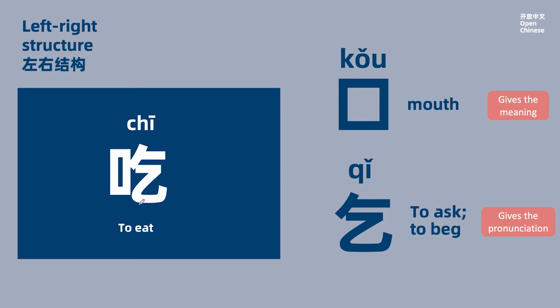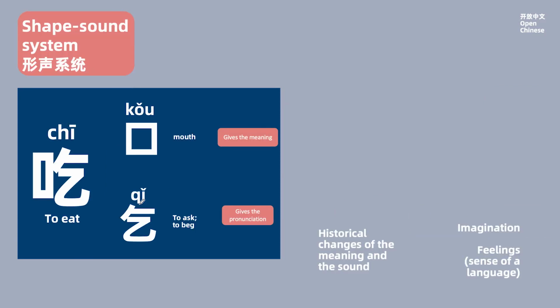Okay, here we have to get to know a new rule, that is shape and sound system. Using 吃 as example, the 口 part gives the meaning because 吃 is related to mouth, and 乞 part gives the pronunciation of 吃. Many of you may find it very weird why 乞 gives the pronunciation of 吃. They look so different and they sound so different.